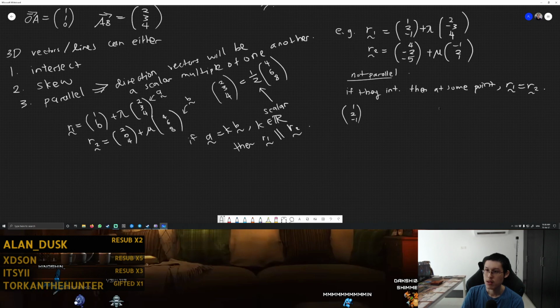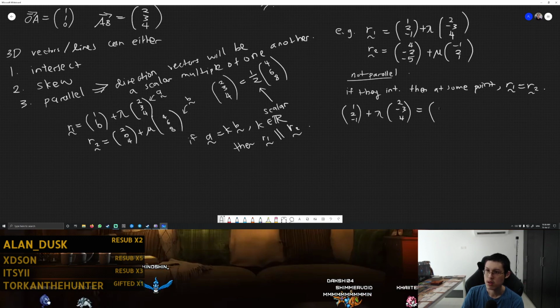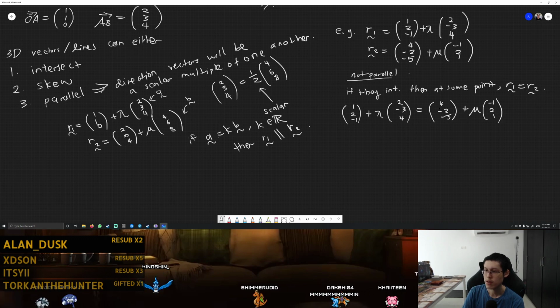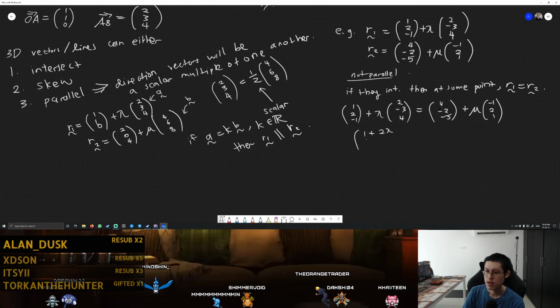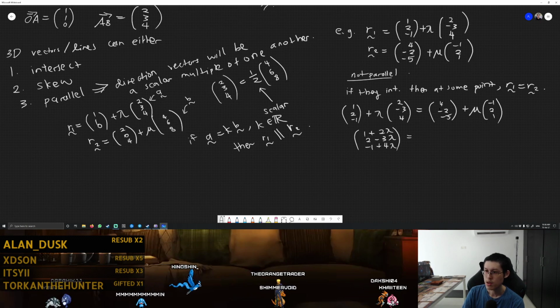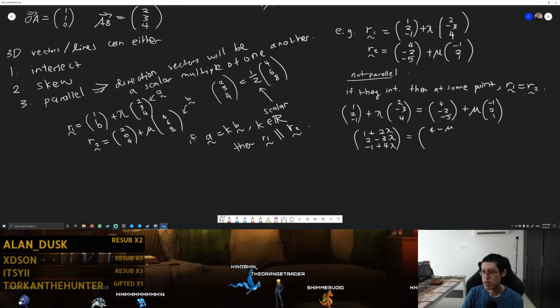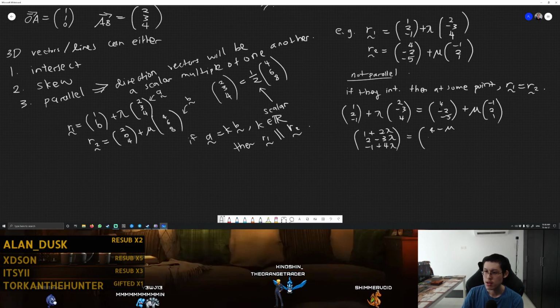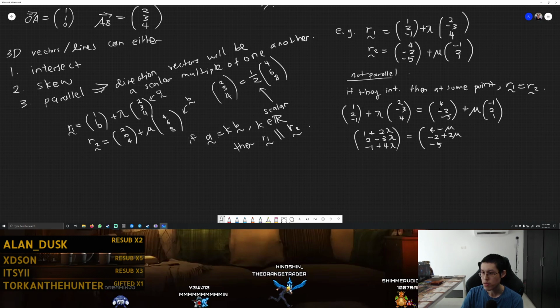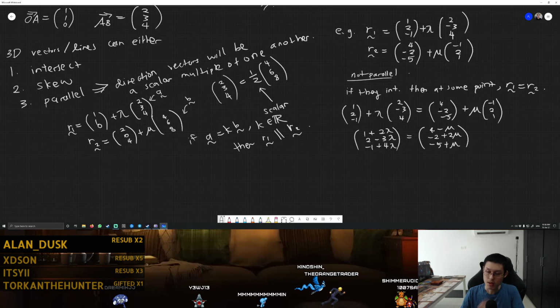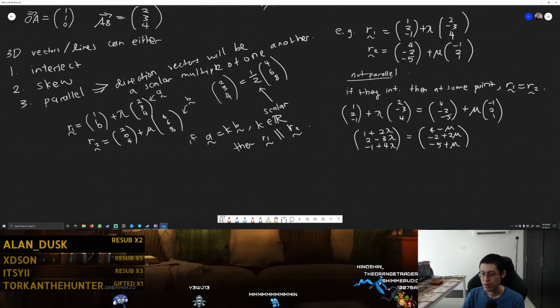So we're going to have (1, 2, -1) plus lambda (2, -3, 4) equals (4, -2, -5) plus mu (-1, 2, 1). I'm going to equate them together. So that's going to be 1 + 2 lambda, 2 - 3 lambda, -1 + 4 lambda equals 4 - mu, -2 + 2 mu, -5 + mu.